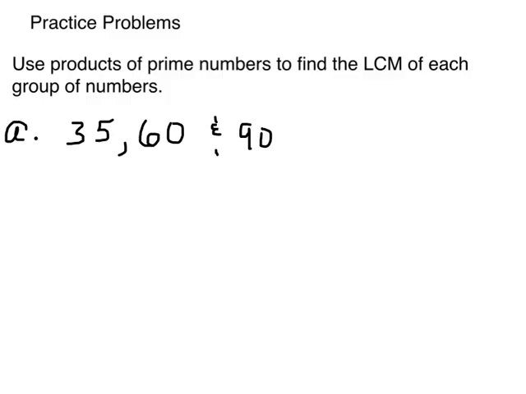All right, so this says use the products of primes to find the LCM or least common multiple of each group of numbers.